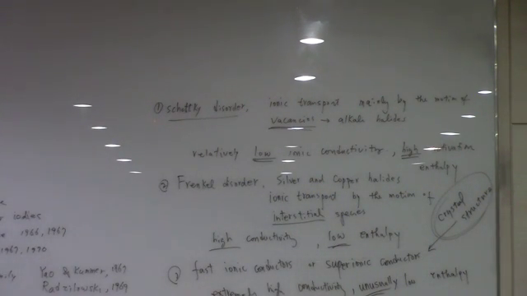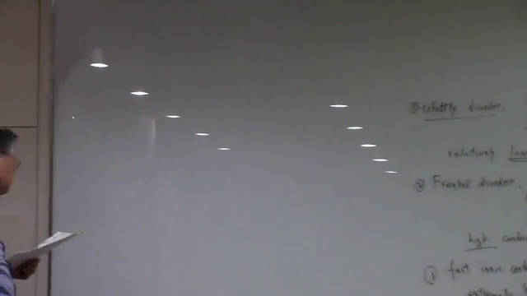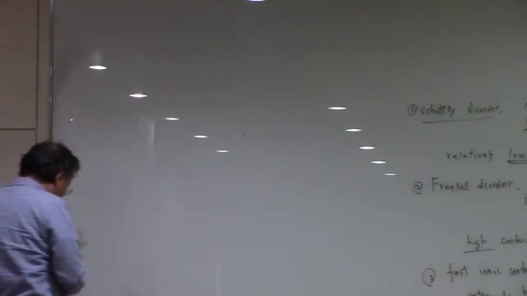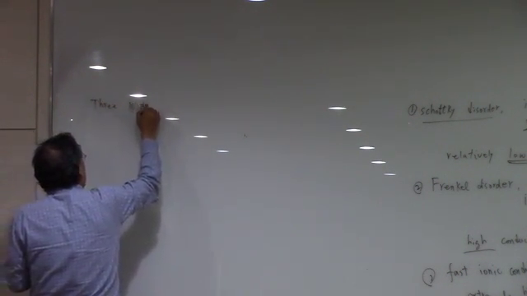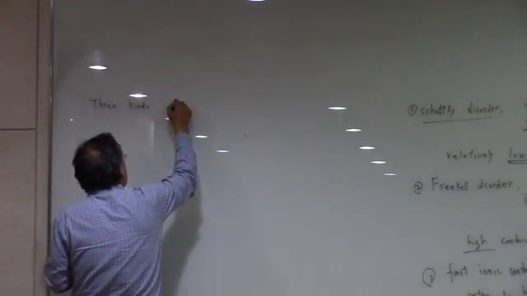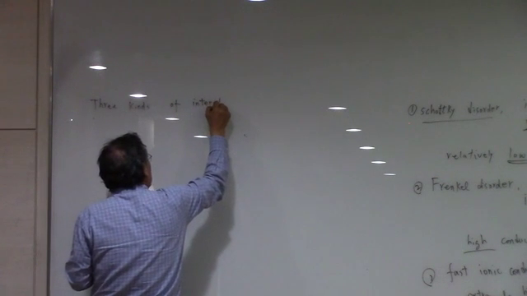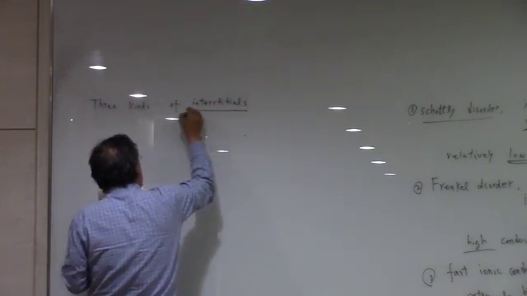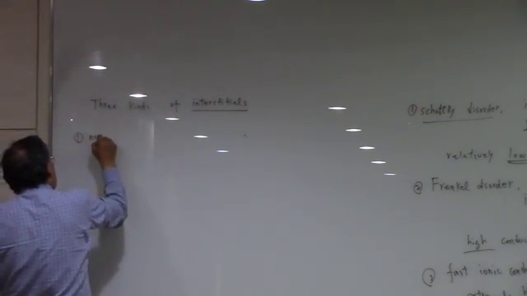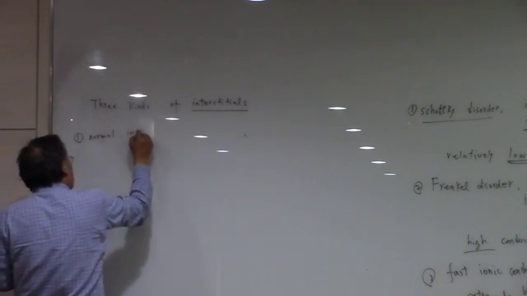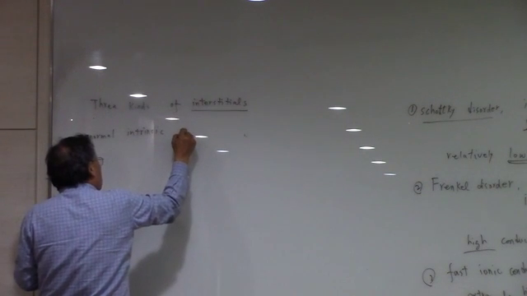We can distinguish three kinds of interstitials possible in the materials. Normal, intrinsic interstitial.